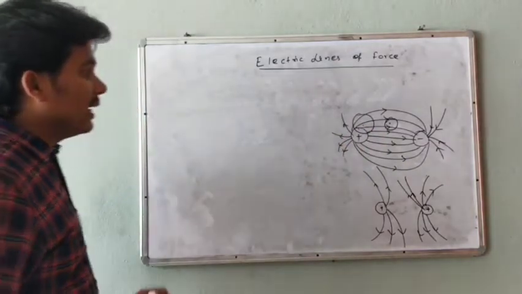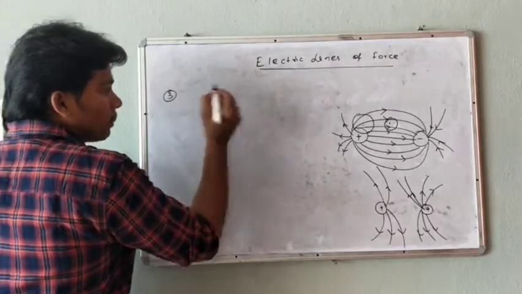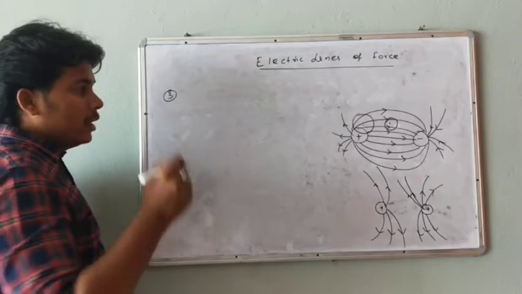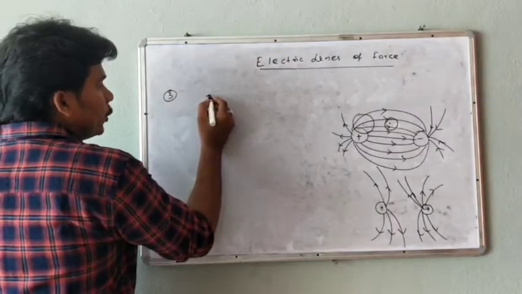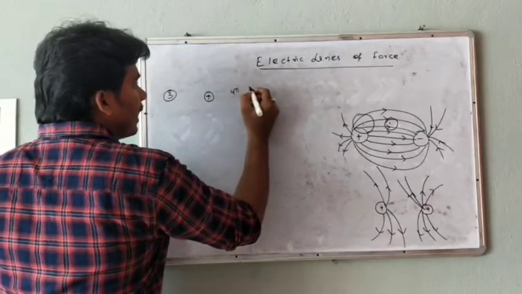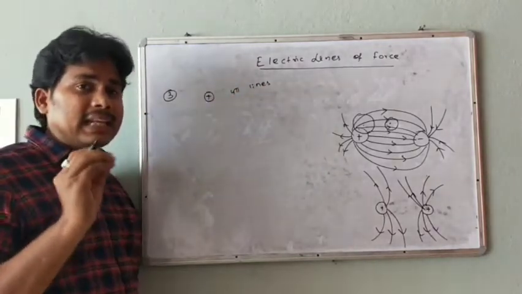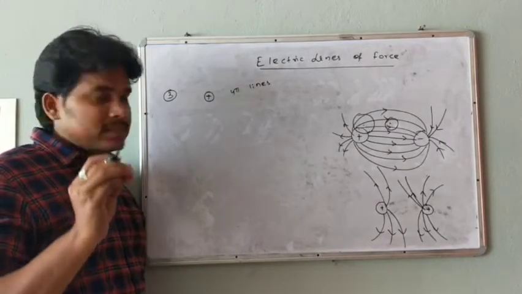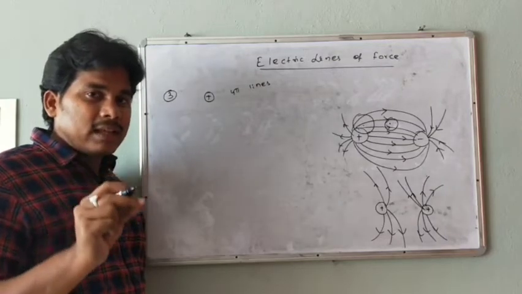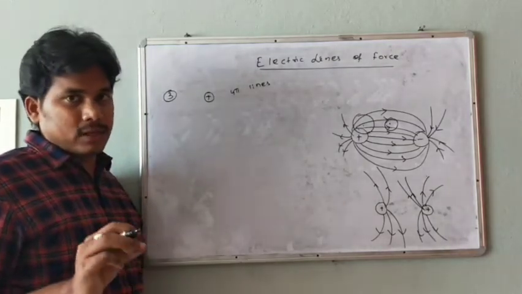Means the number of electric lines of force is proportional to the electric field intensity. A single unit positive charge in air gives 4 pi electric lines of force. Understand?